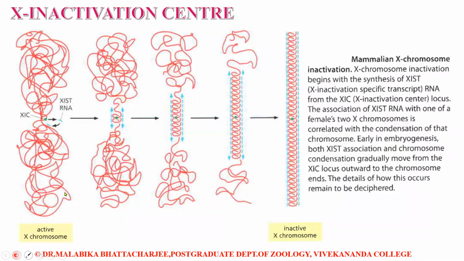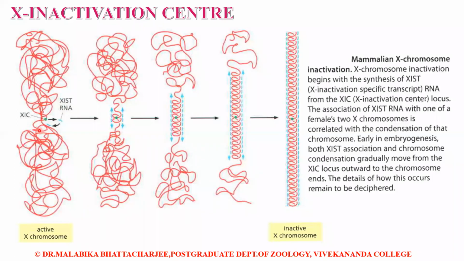It is assumed, and the next picture shows, that this is the X inactivation center on the would-be inactive X chromosome. As you can see in the picture, it is spread out.